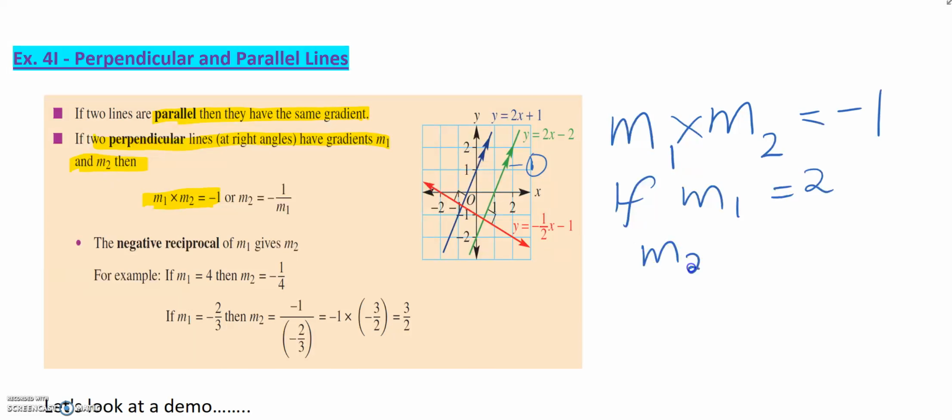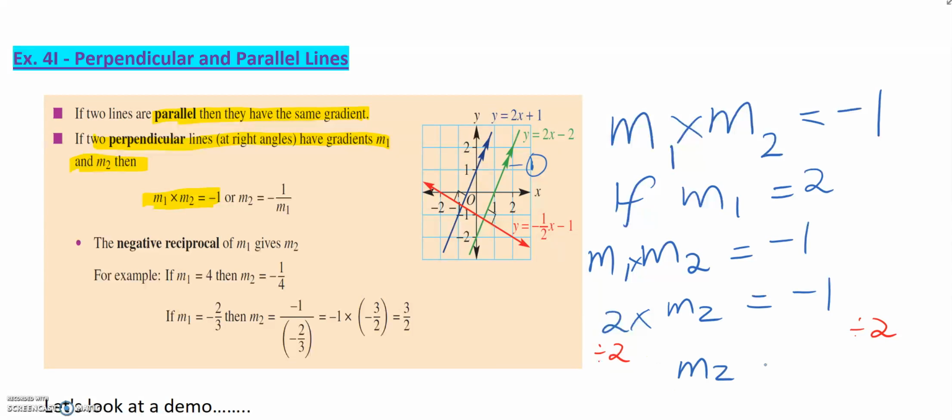Then M1 times M2 gives us -1. So M1 was 2 times M2 gives us -1. To find what M2 is, we divide both sides by 2, and what we get is M2 is equal to -1/2.